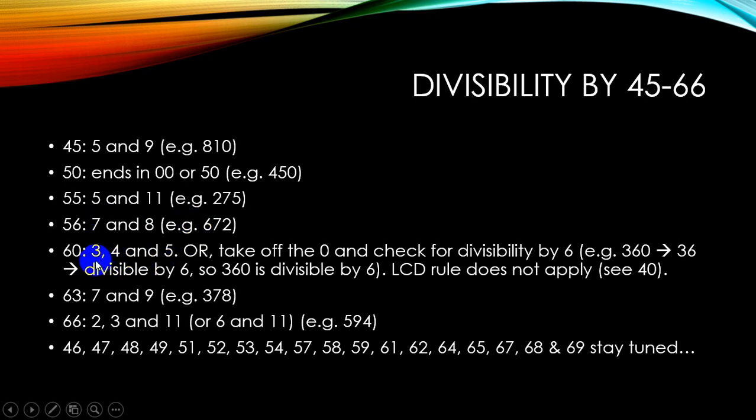And for 60, it has to be divisible by 3, 4, and 5, or you could do 12 and 5, but 12 is 3 and 4. Another thing you can do is take off the 0 and then check for divisibility by 6.